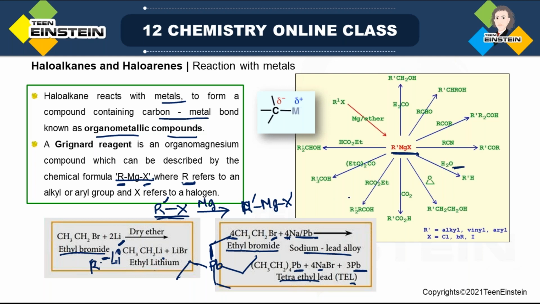If it is reacting with H2O, as I have mentioned for these two reactions, the reaction should take place in a solvent which is completely dry. There should not be any traces of water because you are synthesizing this organometallic compound. So when organometallic compounds react with water, they capture the hydrogen of water and form R'H, and OH is also there. So magnesium will now be attached to X and OH.